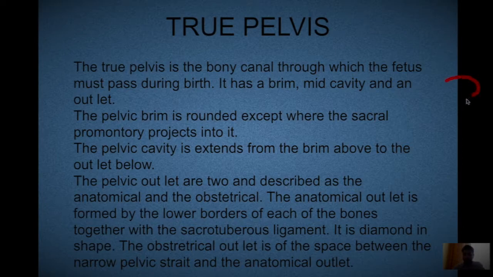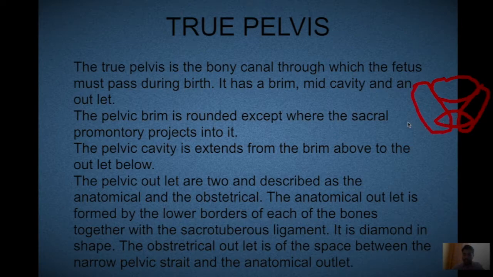So this is the pelvic brim. This may be the pelvic canal, pelvic symphysis, and this is the outlet. So the outlet, which is bounded by the bone part itself, is called as the anatomical outlet.